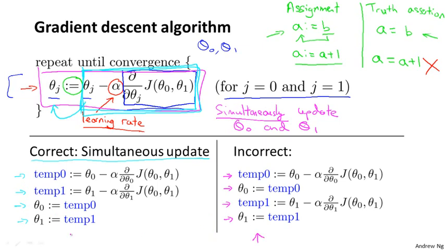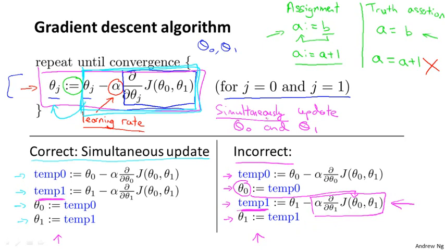And the difference between the right-hand side and the left-hand side implementations is that if you look at this step, by this time you've already updated theta 0, so you would be using the new value of theta 0 to compute this derivative term. And so this gives you a different value of temp 1 than the left-hand side, right? Because you've now plugged in the new value of theta 0 into this equation. And so this on the right-hand side is not a correct implementation of gradient descent.